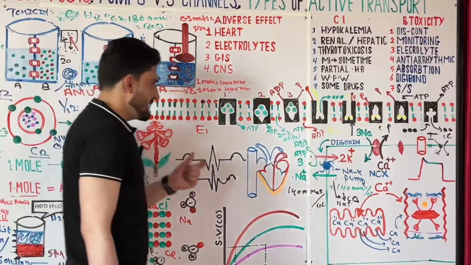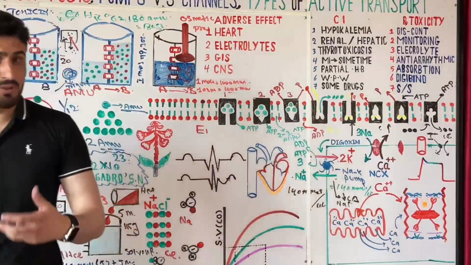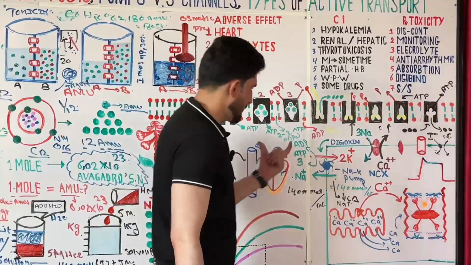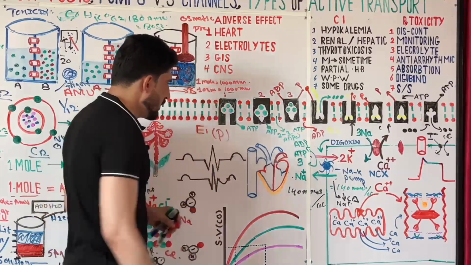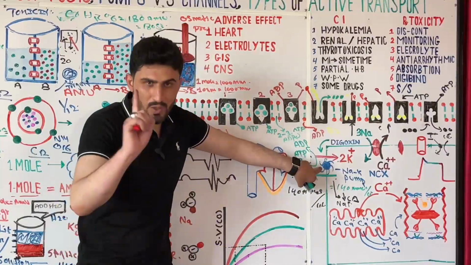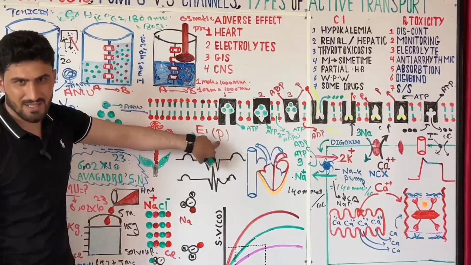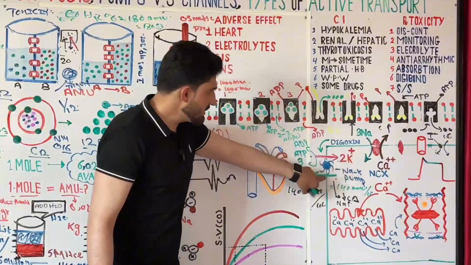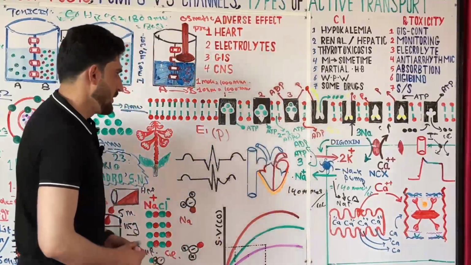And also this is a type of P-type channels or P-type pumps. Why is this called a P-type pump? Because when this pump works, it uses phosphate, and due to this phosphate it works. That's why this is called P-type.